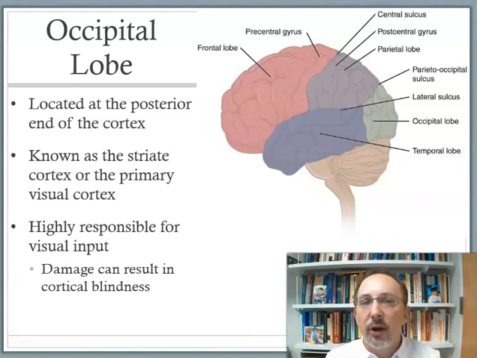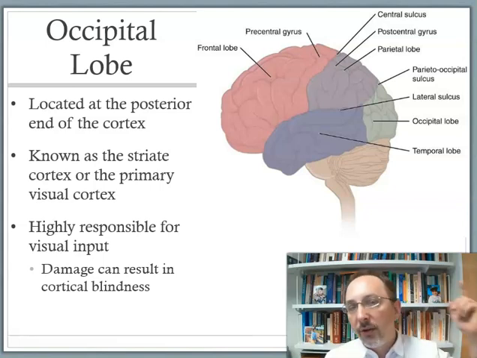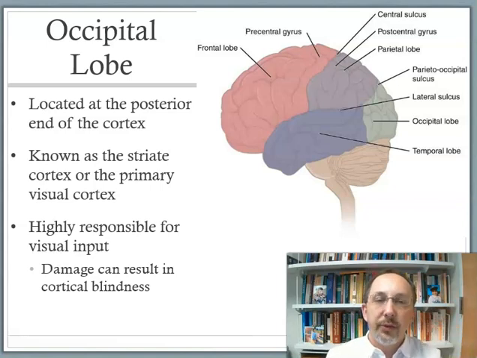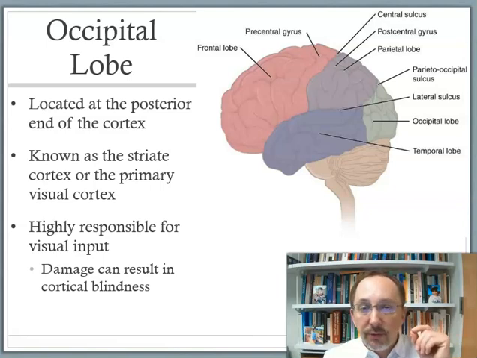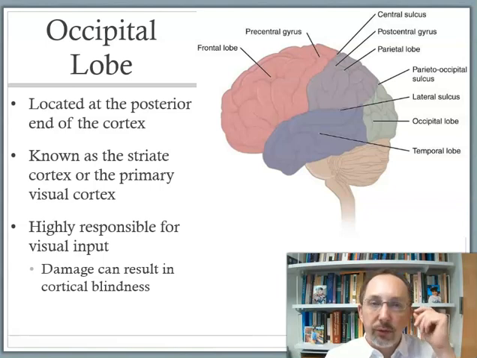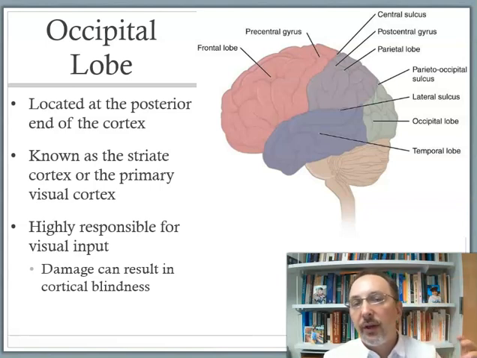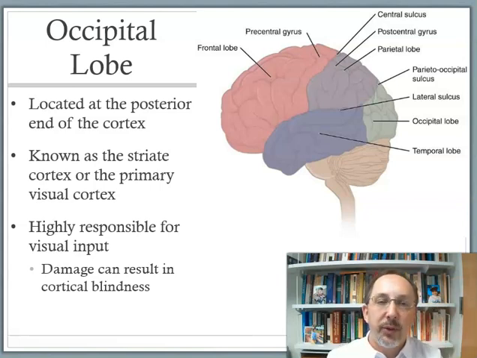The tracts come directly from your receptors in your eyes to your thalamus to your occipital lobe, with those tracts being your optic nerve. Cranial nerve number 2 connects directly to your eyes, travels to your thalamus for processing, and then is shipped to your occipital lobe for further analysis.